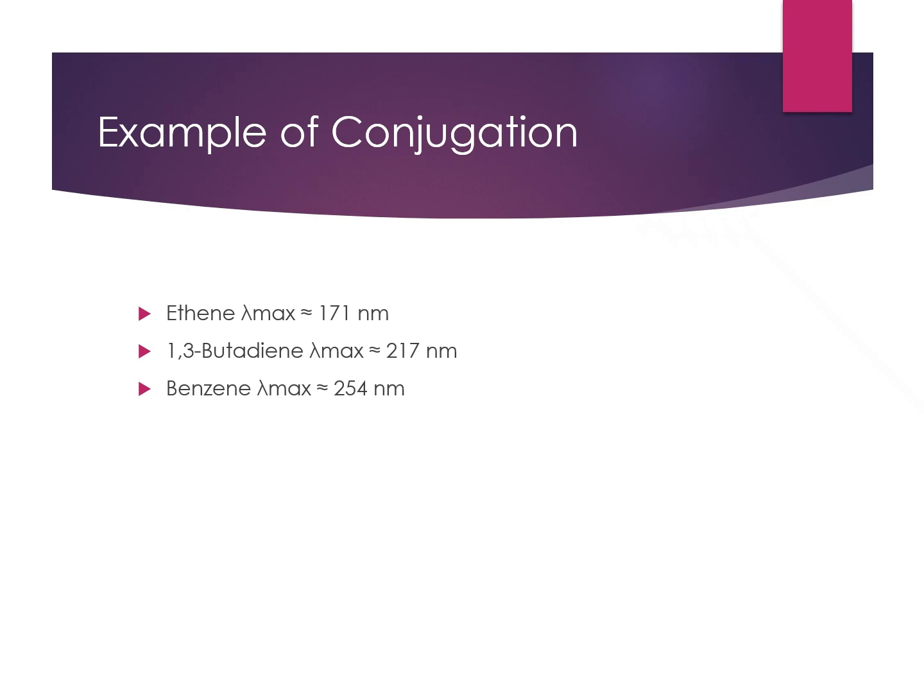Let's look at a simple comparative example. Ethene absorbs around 171 nanometer. When we extend conjugation to 1,3-butadiene, lambda max moves toward 217 nanometer.